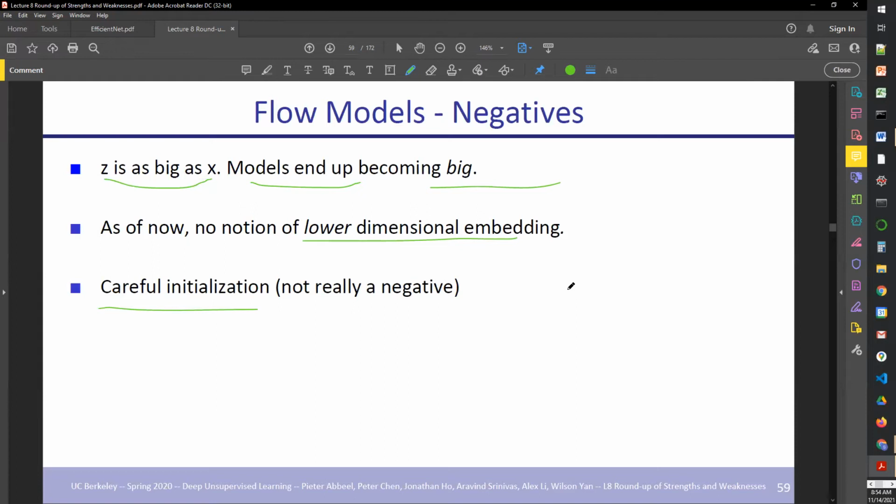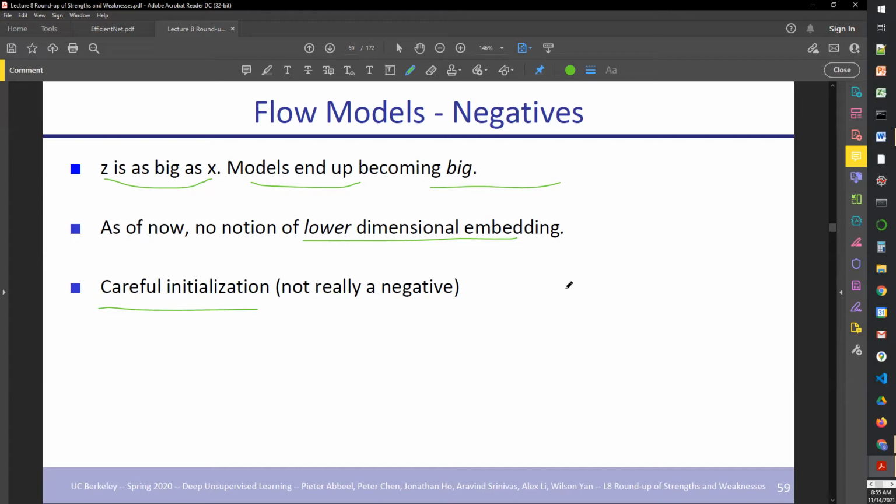Any comments or thoughts on flow models discussions before we move to latent variable models? Yeah, one small thing. I don't know if this is the right way to think about it. I was listening to the Machine Learning Street Talk podcast, and one of the discussions they always have is that any model that we learn is a low dimensional manifold in a very high dimensional space, right?